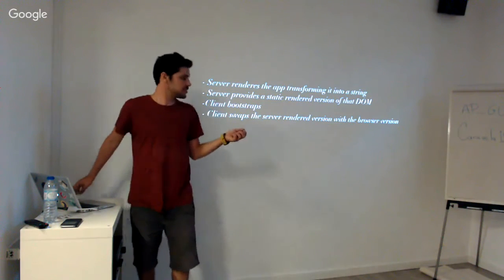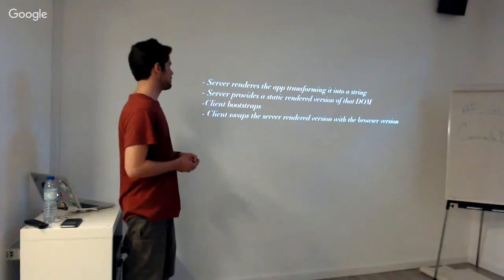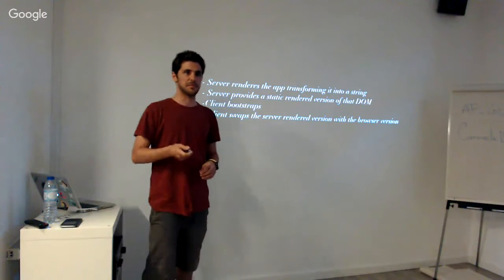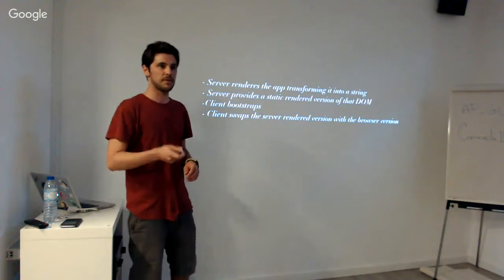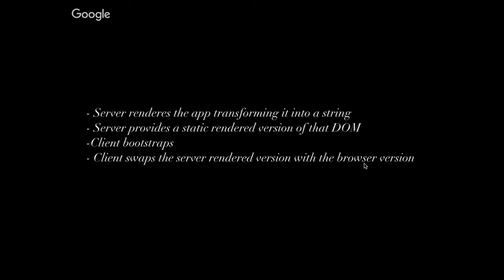And these are the steps it takes to achieve that. The server takes the app, renders a string from that app, and serves that version to the browser. Then the client is going to bootstrap, but it's going to bootstrap intelligently, because it knows all the prefixes already. They will be the same, so it's not going to repaint anything that's not needed.